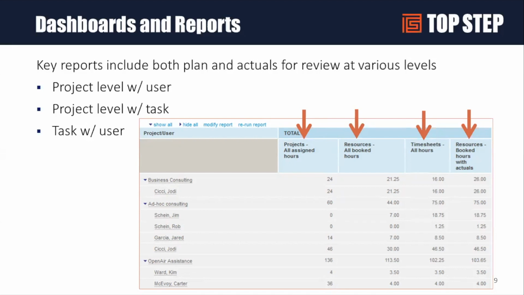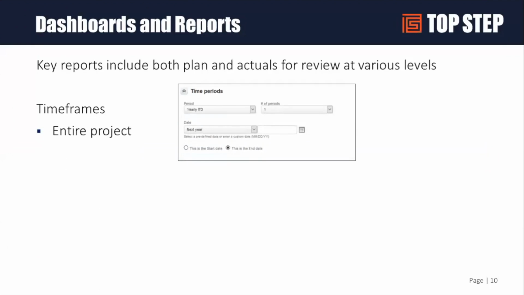Of course, if it's something more drastic like the 60 and I'm going 15 over, that may be something you have to have a conversation with the customer about. Okay. So that's one way of looking at the data, and really the timing of that, this type of report is really good for that booked with actuals reporting value because that gives me my where am I going to end up at the end of this project type report.